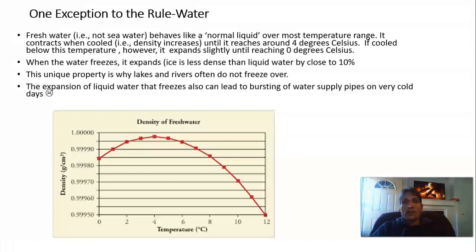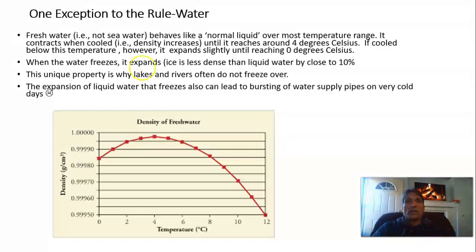And so what happens is, as the water freezes, ice is less dense than water, the ice expands. This pushes outward on the water toward the faucet end of it, creating a large pressure increase, and that can rupture the pipes.